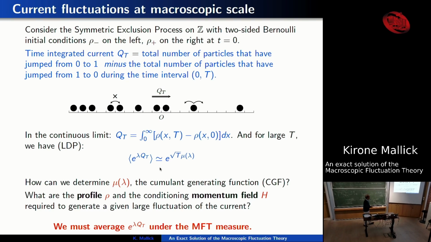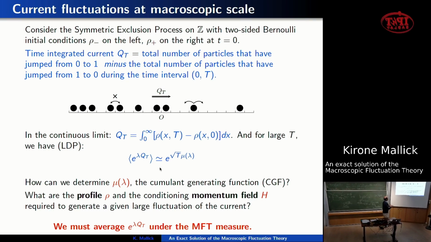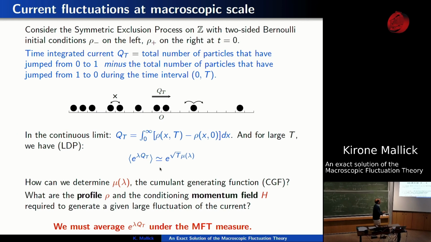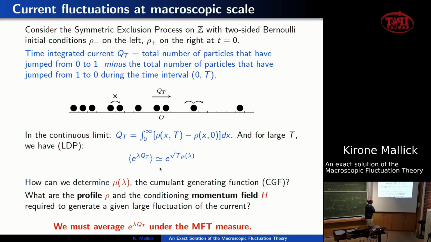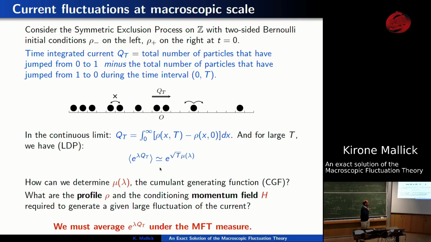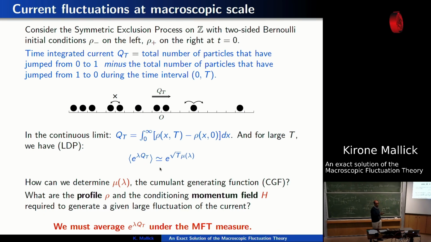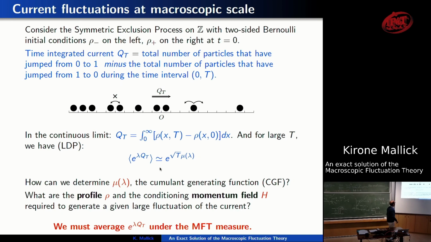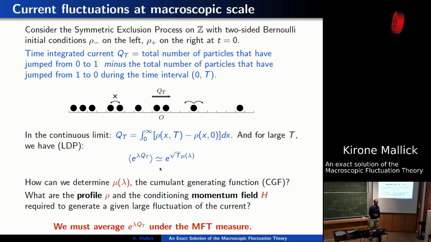If you look in the continuous limit, you can compute this total current as the excess density on the right half of your system at time t. So if you compute the integral of rho(x, T) final time minus rho(x, 0) from 0 to infinity, this gives you the excess current, the flow of particles that flew from left to right. So we are interested in the statistics of this random variable Q_t.